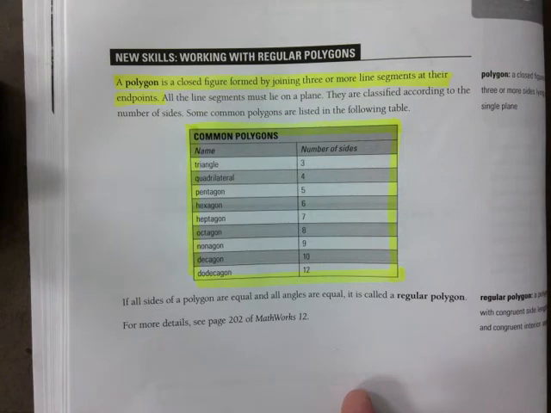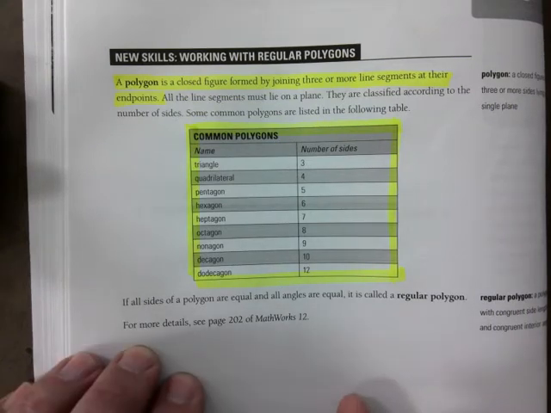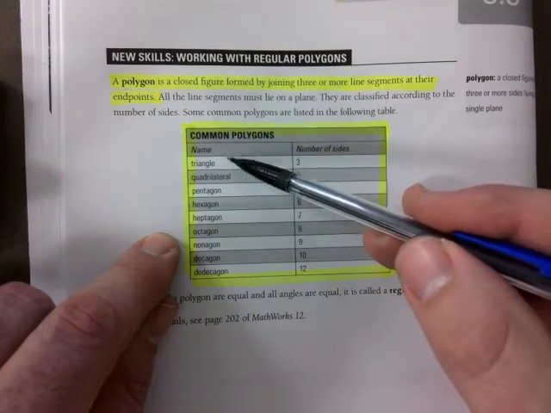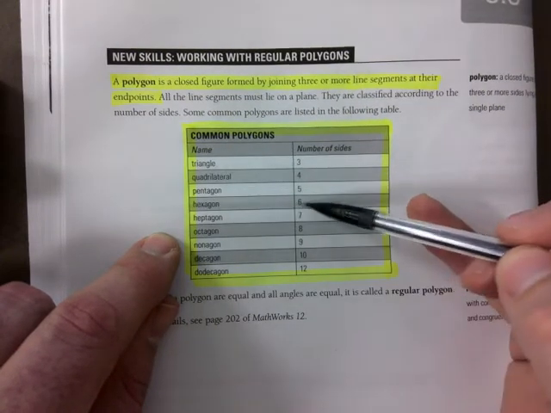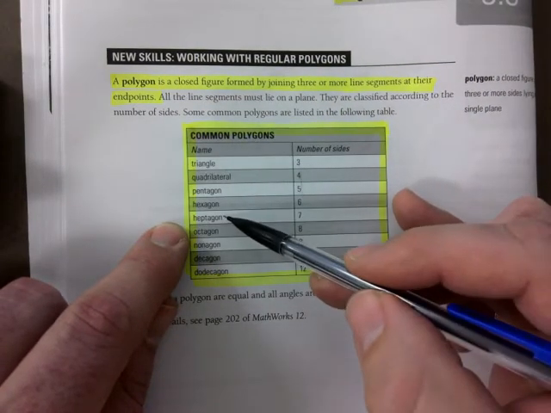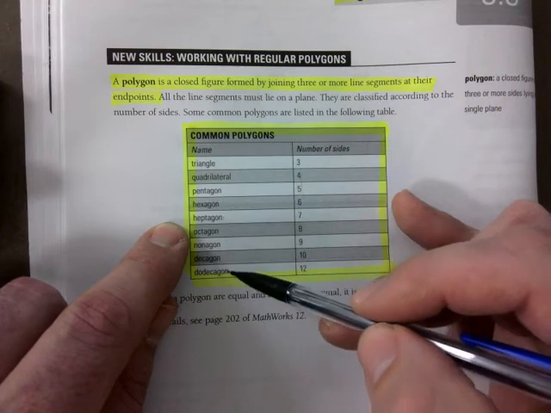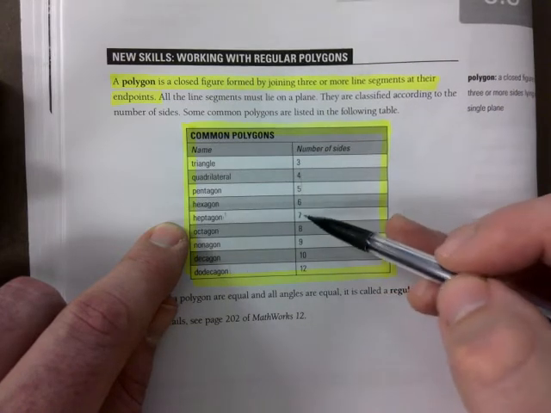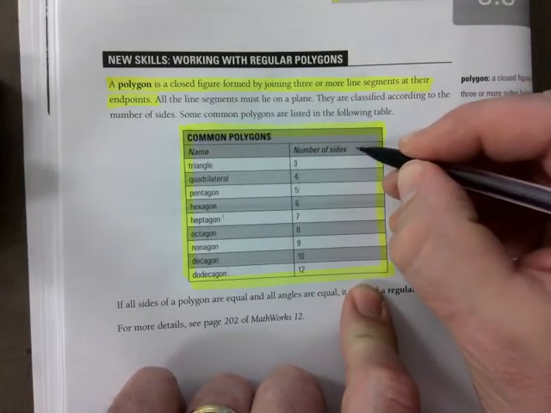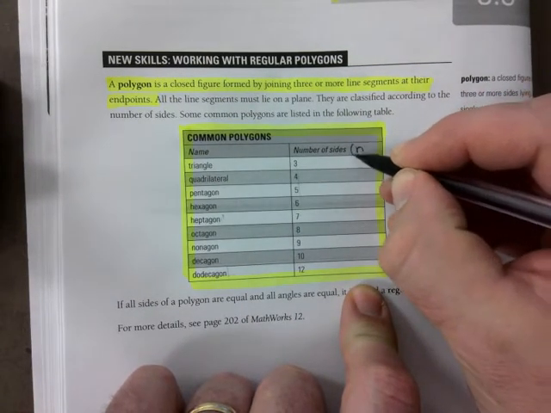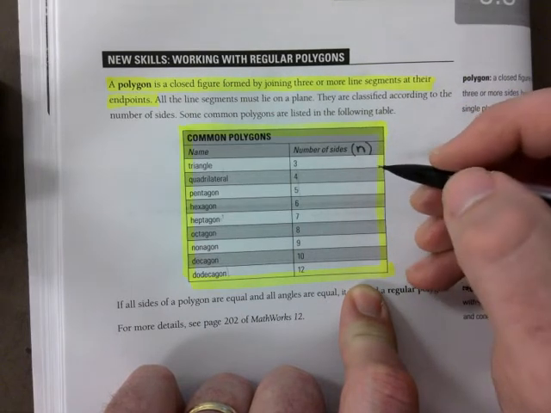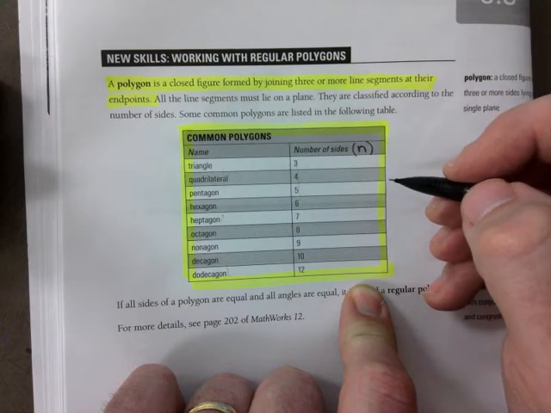I think it uses up way too much space. But I'm pretty confident that you know up to hexagon how many sides the polygon will have. But maybe have heptagon to dodecagon on your study sheet, like how many sides it has. And watch this, add it to your notes. Number of sides is always in this unit, and we use the letter n for the number of sides.